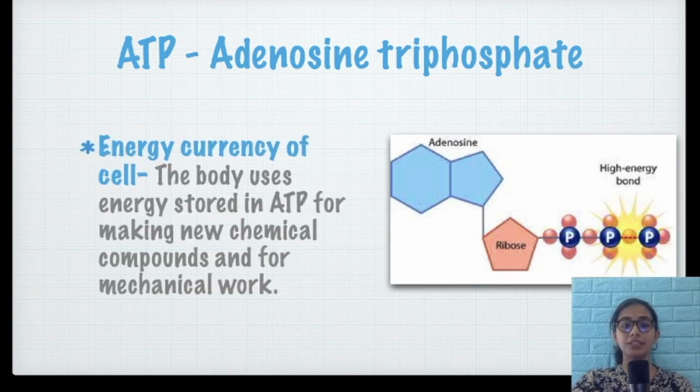So, it's called the energy currency of the cell, because whatever energy is stored in ATP, the body uses it to make new chemical compounds and for its mechanical work. Alright, so it is the currency that gives energy to our cells, right?